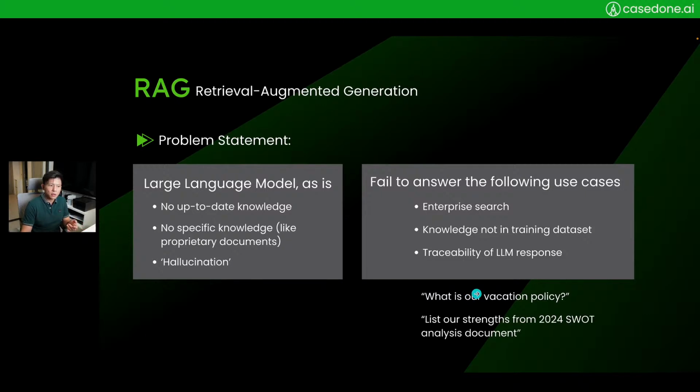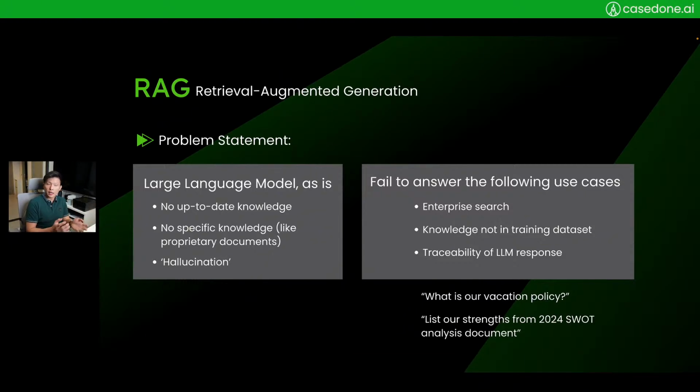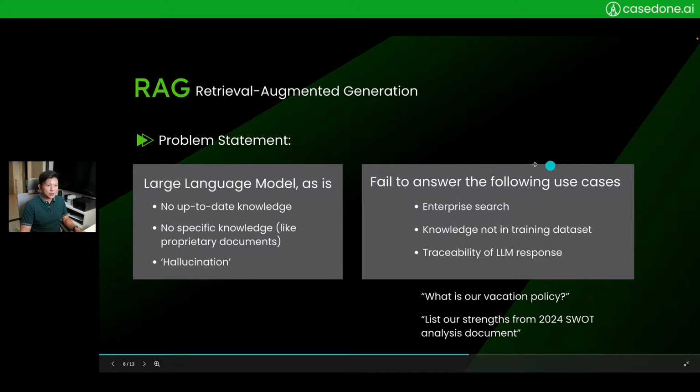Or maybe your company has a report about your SWOT analysis, and you want the model to go to that document and list out our strengths. The typical GPT will not be able to do that. So the RAG technique is going to help you fulfill these use cases.